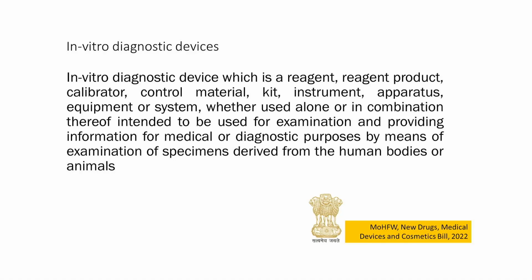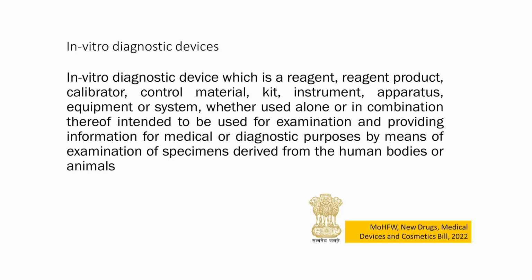Next is in vitro diagnostic devices. These are some terms and terminologies we should all understand, because these devices are going to interact with soft tissues, directly or indirectly, and they may have components of tissue engineered materials, right?